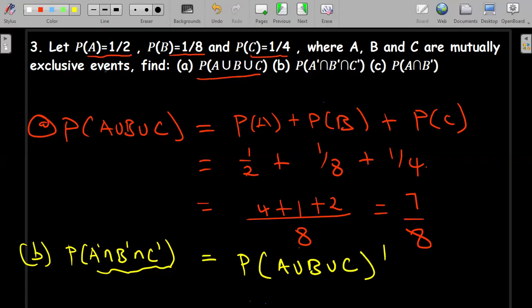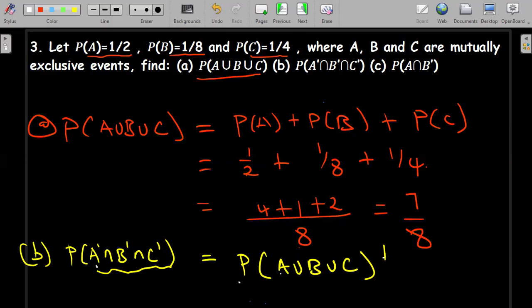For those who are wondering what is happening, it's simple. We are just distributing this complement to everything that is inside. So if we take this complement to the A, we end up with A complement. We take the complement to the union, we end up with the intersection. We take the complement to the B, it's B complement. So that's what is happening.